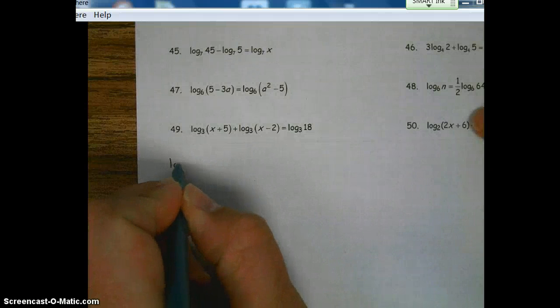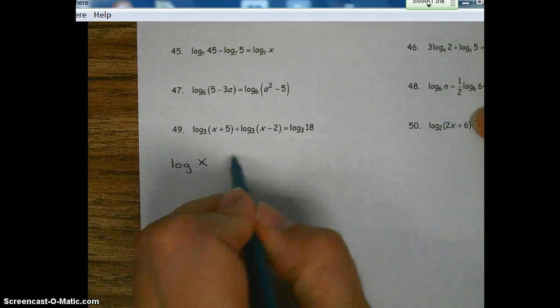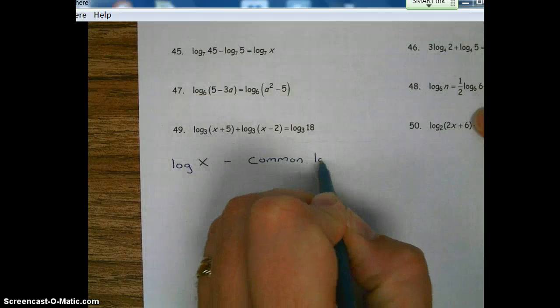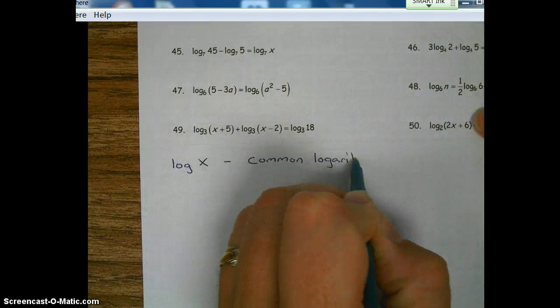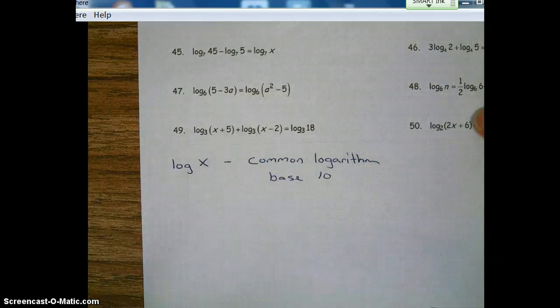So, what type of log is that? Common logarithm. Yeah, base 10.